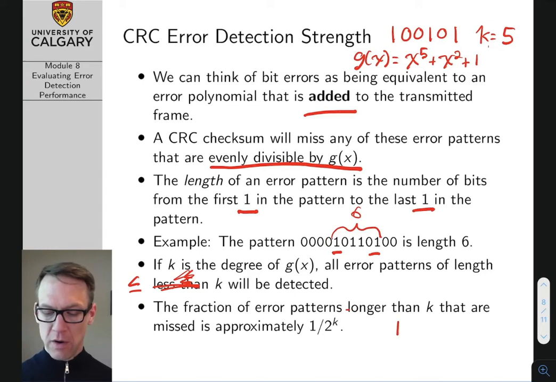So in our case, 1 over 2 to the 5 is the fraction of errors that are missed. And so I'm going to take this information and incorporate it into an example, and we'll figure out the probability of missing some bad bytes when we use a CRC.